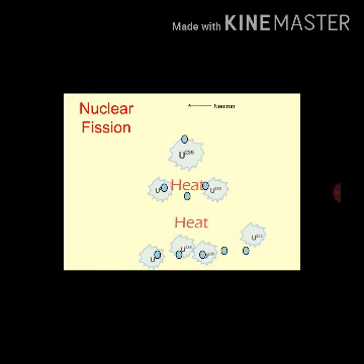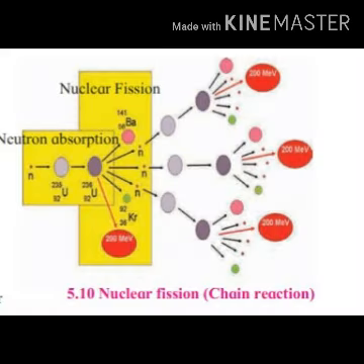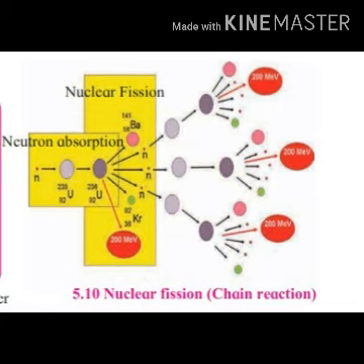Uranium 236, being extremely unstable, converts into atoms of barium and krypton through a process of fission, releasing 3 neutrons and 200 megavolt energy. The 3 neutrons generated in this process cause fission of 3 other uranium 235 atoms, releasing more energy.